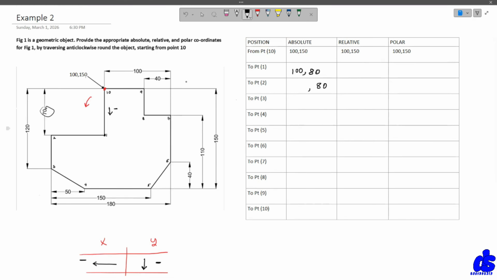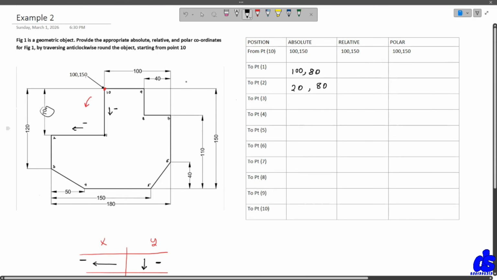Now for x, we are moving the distance this way. And what's that distance? We have the entire figure to be 180. We have the distance to be 100, so this is 80. Now the coordinate for x will be 100 minus 80 because you are moving in the negative direction. And that's going to be 20. You put in 20.